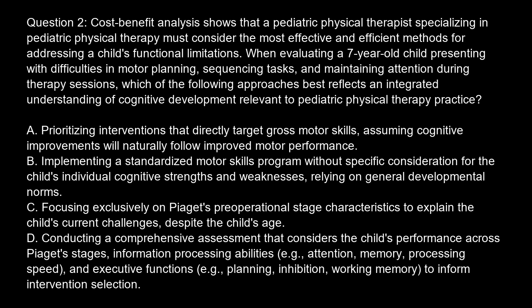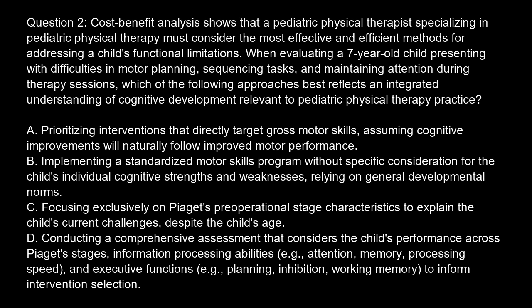Option A. Prioritizing interventions that directly target gross motor skills, assuming cognitive improvements will naturally follow improved motor performance. Option B. Implementing a standardized motor skills program without specific consideration for the child's individual cognitive strengths and weaknesses, relying on general developmental norms.